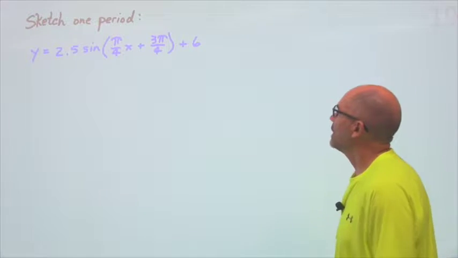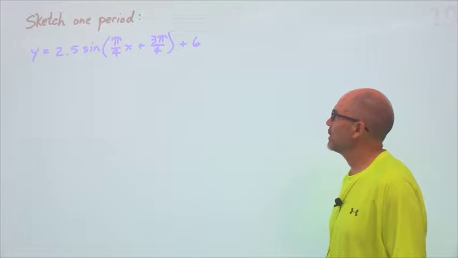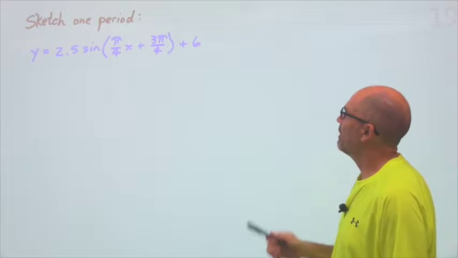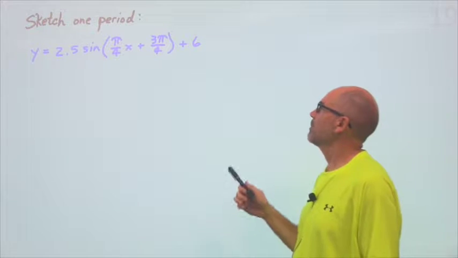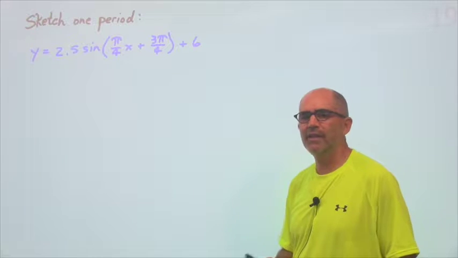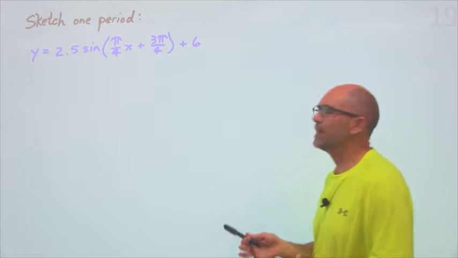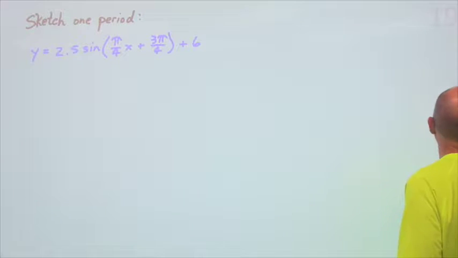Okay, so we're going to sketch one period of this function: y equals 2.5 sine of (pi over 4 x plus 3 pi over 4) plus 6. This is the whole thing all put together, so let's check out all our pieces first.